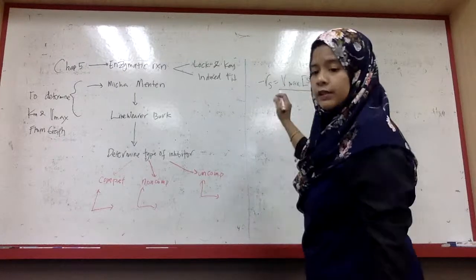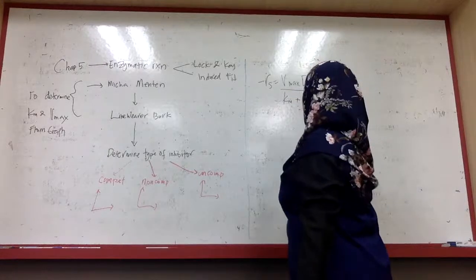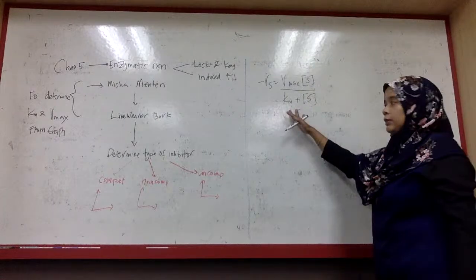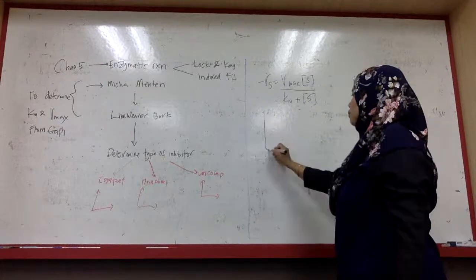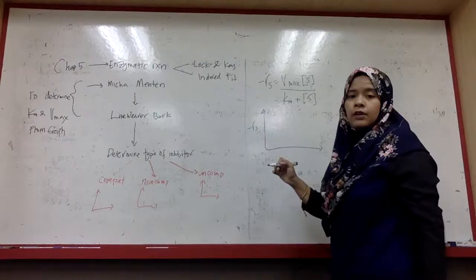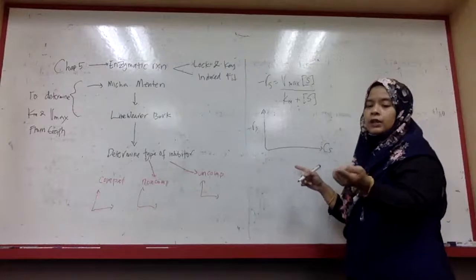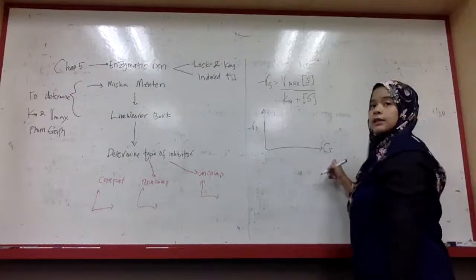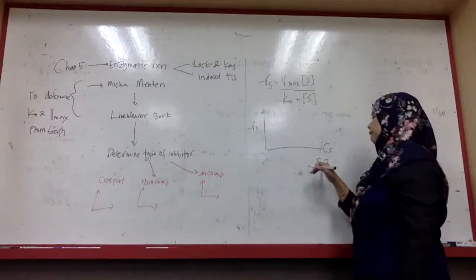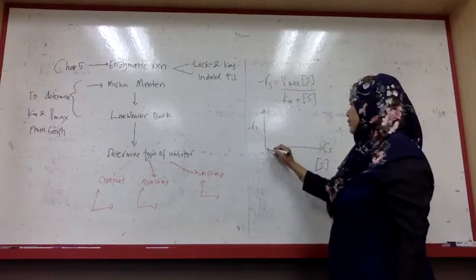So when you plot the graph based on this equation, let's say you plot negative rS versus, sometimes in the book it's written Cs, meaning concentration of the substrate. Right, so you will get a curve.